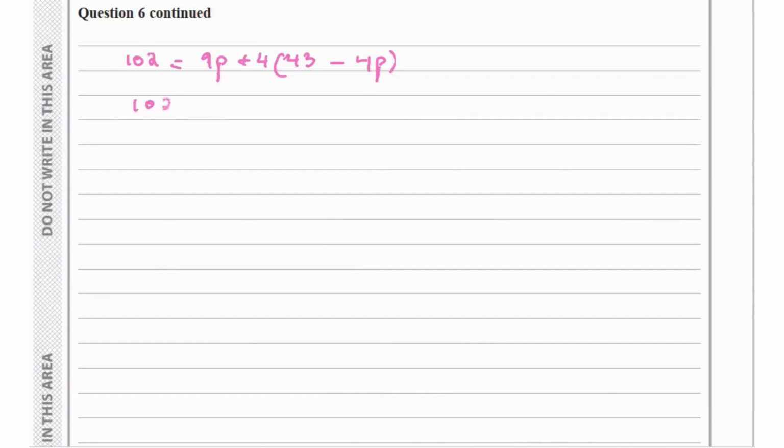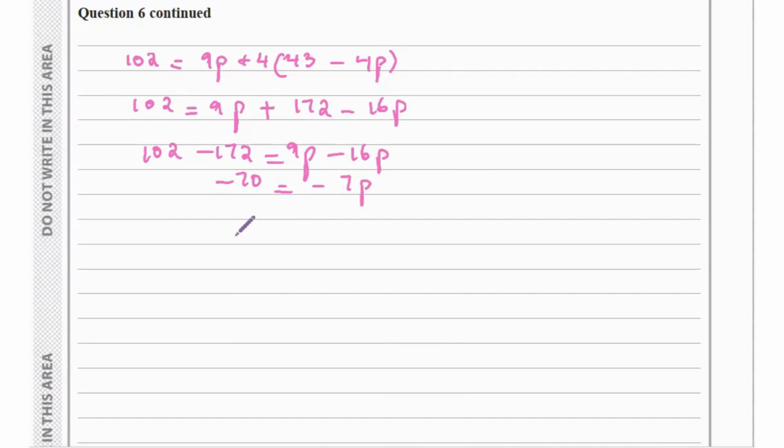So that's 102 equals 9p plus 172 minus 16p. 102 minus 172 equals 9p minus 16p, which is going to be negative 70 equals negative 7p. That's 10 equals p, which is what the question was asking us to prove as well.